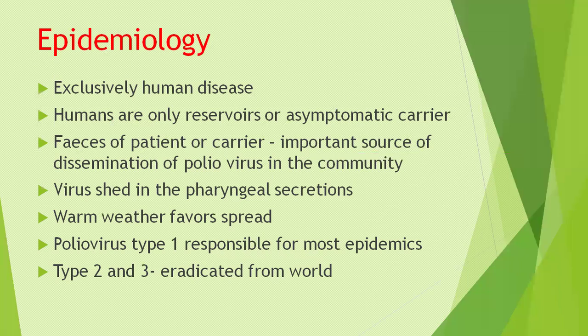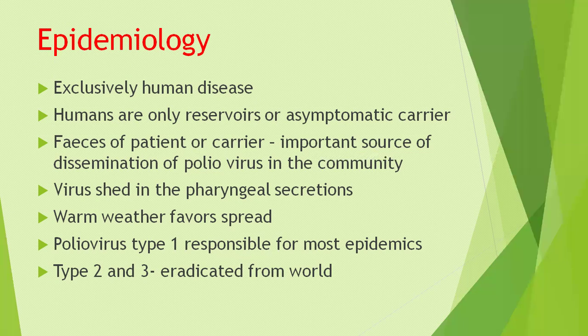If you see the epidemiology, poliomyelitis is an exclusively human disease, so it can be eradicated, because humans are the only reservoirs or asymptomatic carriers. The feces of the patient or carrier is an important source for dissemination of poliovirus in the community.